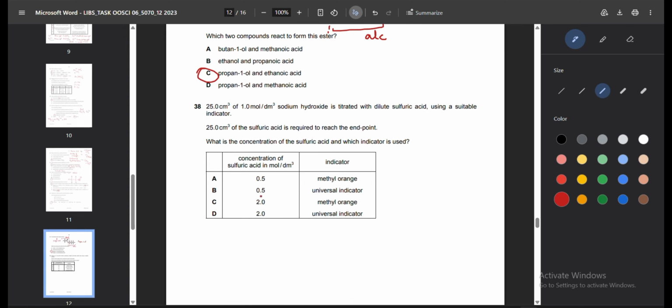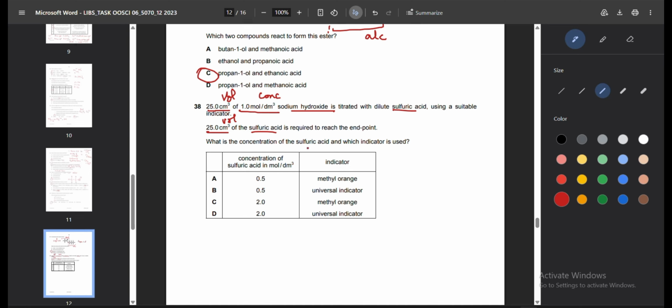Question number 38. 25.0 cubic centimeter is the volume of sodium hydroxide of this concentration. So they have given the volume and concentration of sodium hydroxide, which is titrated with dilute sulfuric acid using a suitable indicator. 25 centimeter cube is the volume of sulfuric acid required to reach the end point.